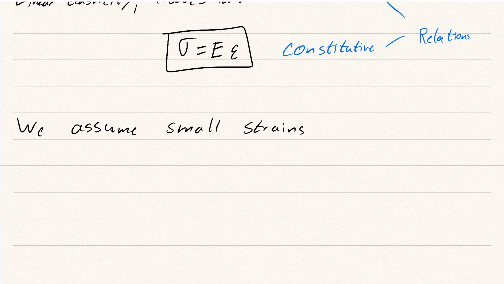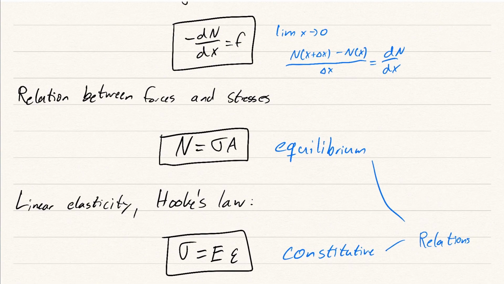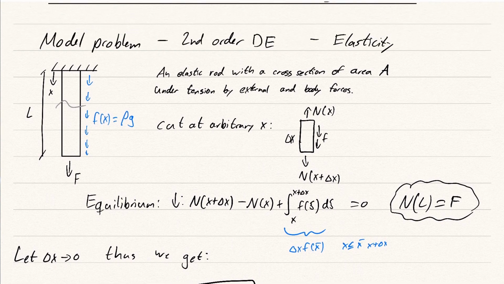Well, if you take a look at the displacements up here, so this thing will be displaced a little bit, like so. And this displacement here, we can call u of x, or in total just u.